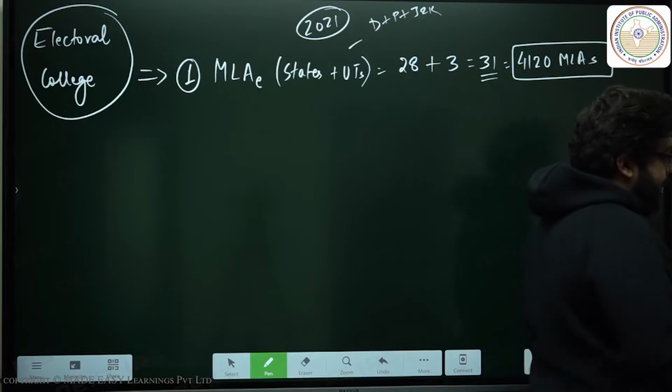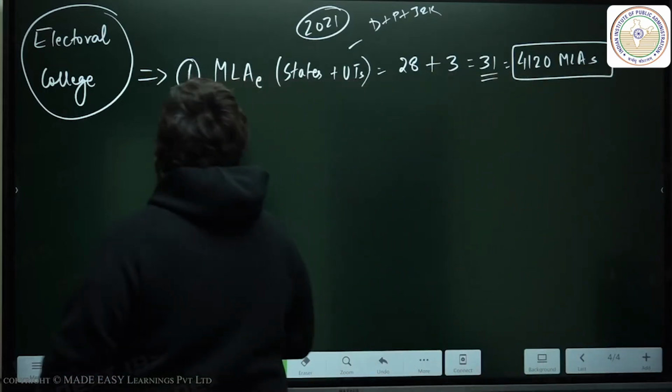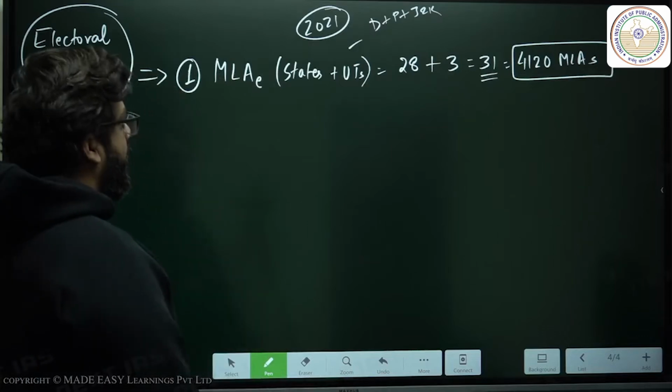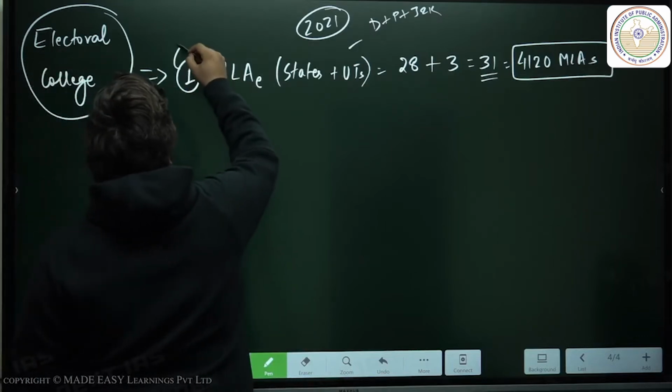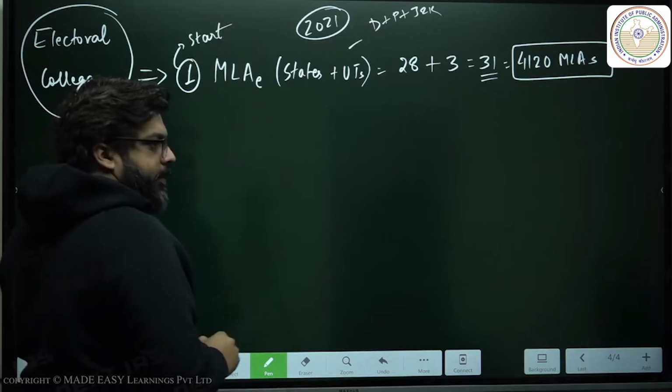Yes, quite correct. Good. So this is the first layer of the electoral college. This is where the elections are going to start, right?